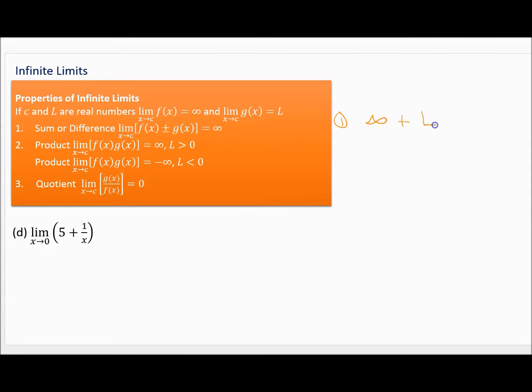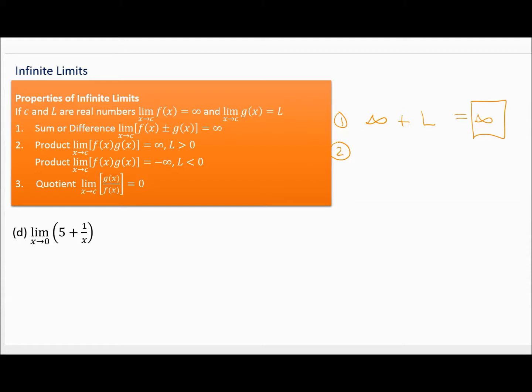Now let's think about this. If you take infinity and add a fixed value to it, you still get infinity, don't you? Now you might think, well, you get a little bigger than infinity, or if L were negative, a little smaller than infinity, but it's still infinity. We're not talking about one infinity being bigger than another. It's still infinity.